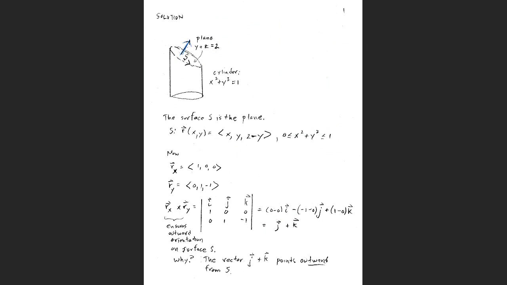Here's the vector. That vector is j plus k. It doesn't move at all to the front or backward, but it goes to the right 1 unit and up 1 unit, j plus k. So the orientation's right.